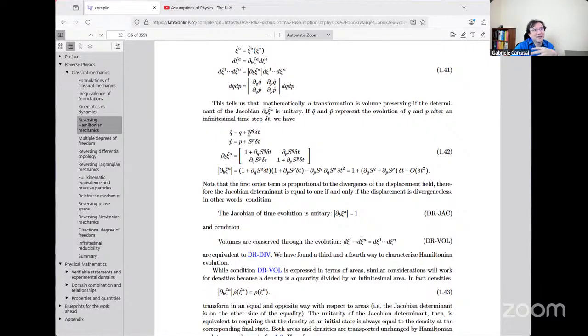Since it's a transformation in time, it's going to be dq dt times the variation of t. Same thing for p, right?